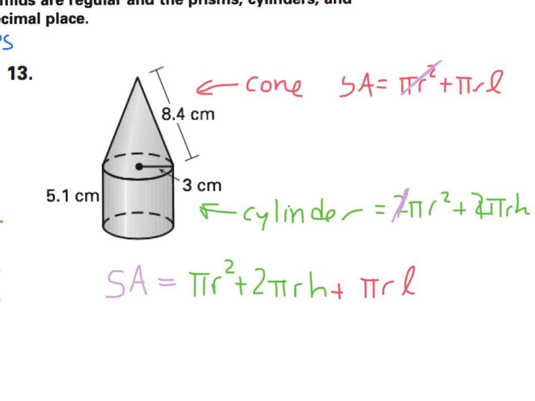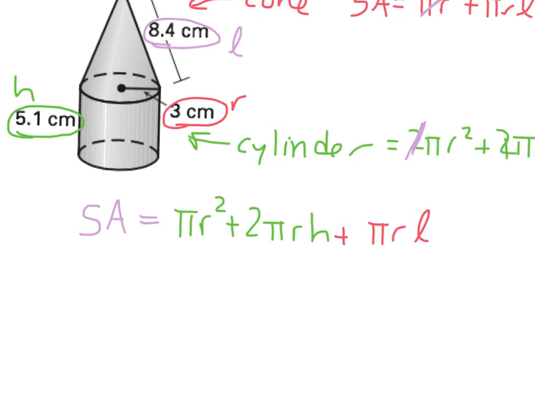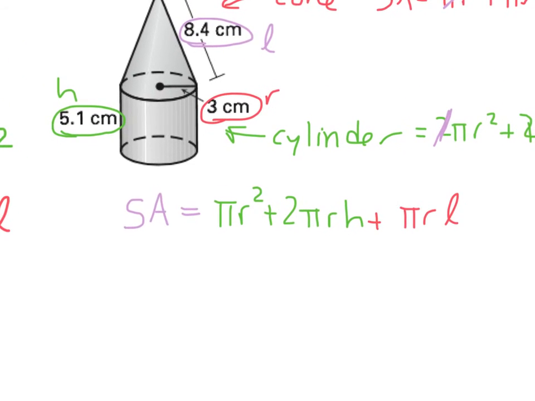So we need three things. We need h, the height of my cylinder, which is there. We need the slant height. And lastly, we need radius. So we're just going to plug those in and see what we get.